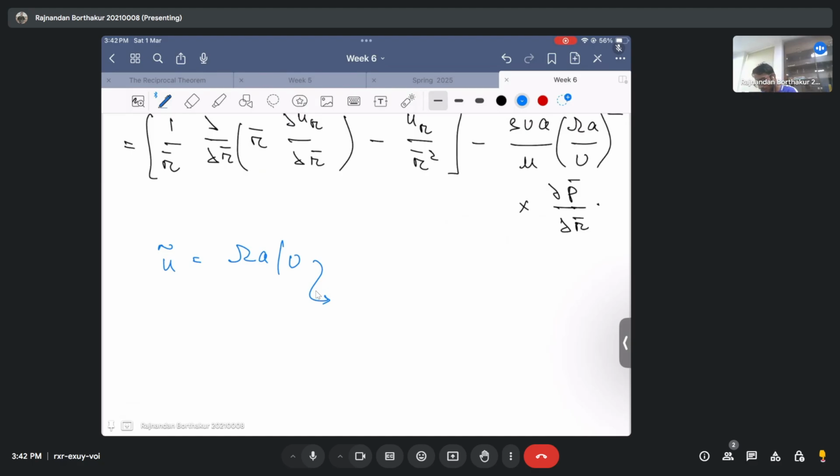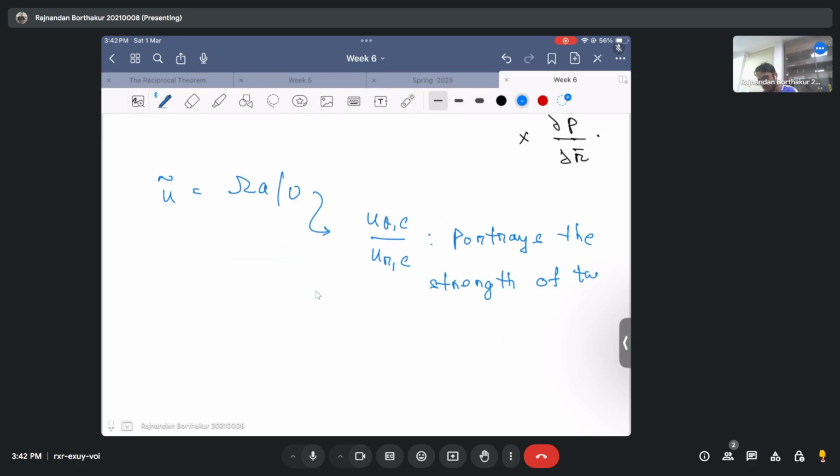So this U tilde is nothing but U theta C, the characteristic rotational velocity, to the characteristic radial velocity, which is nothing but the suction velocity. And it portrays the strength of the two velocity scales.